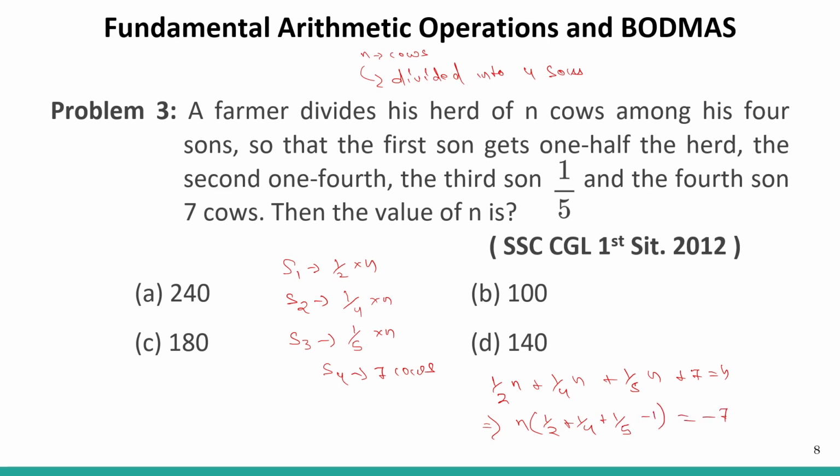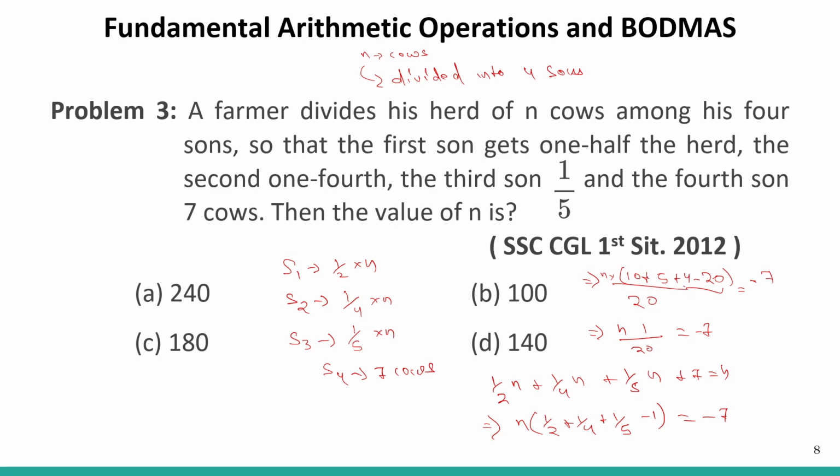The LCM will be 20, so n into (10 plus 5 plus 4 minus 20) by 20 is equal to minus 7.